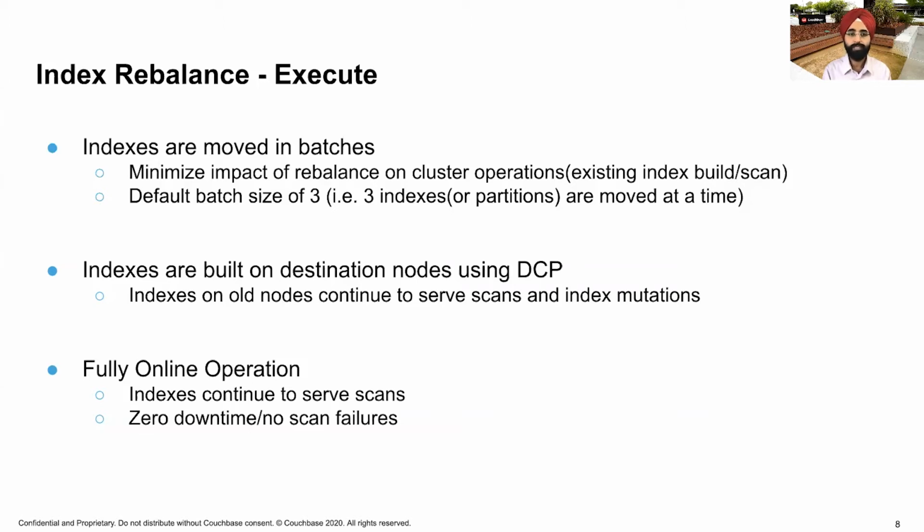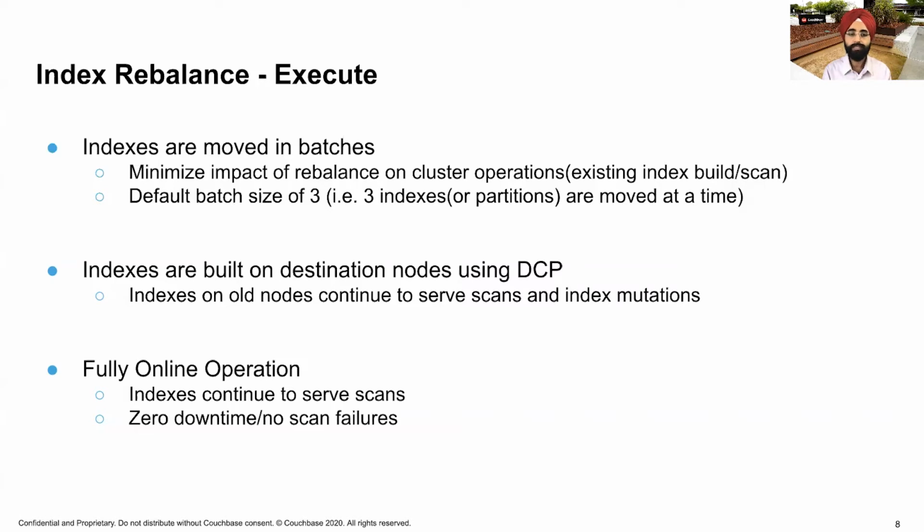By default, this batch size is 3, which means 3 indexes or partitions are moved at a time. And on the destination where the index is being transferred to, it will use DCP to build the index. So it just acts like building a new index from scratch.